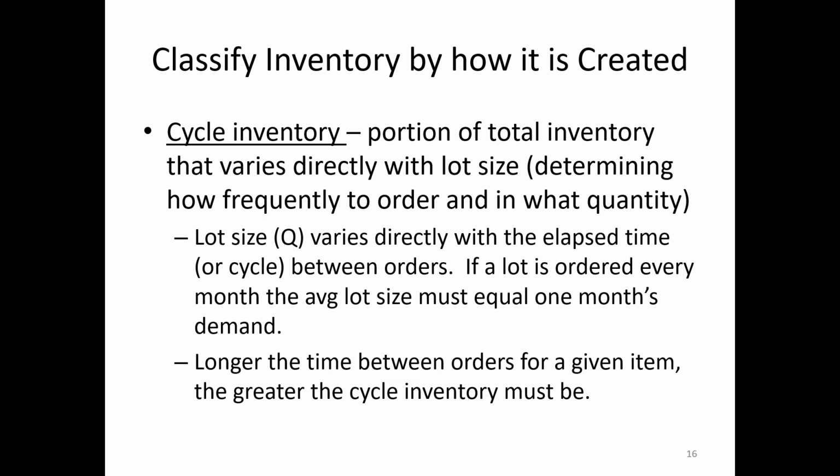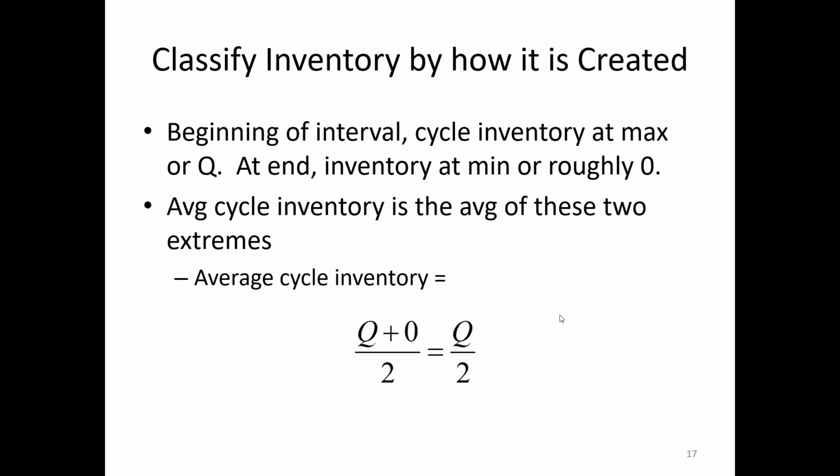So if a lot is ordered every week, you need to be ordering at least a week's worth of demand. Order every month, you need to be ordering at least a month's worth of demand, and so on. And the longer the time between orders, the greater this cycle inventory, or Q, needs to be. That's fairly intuitive.